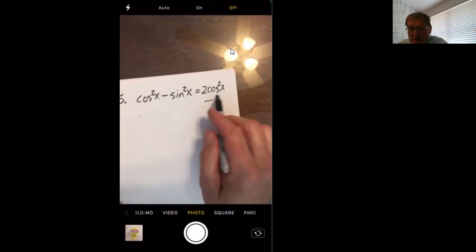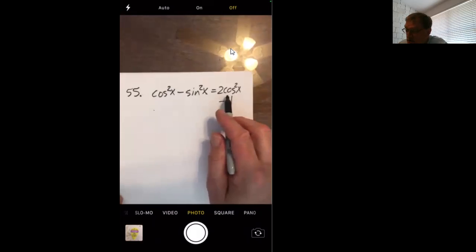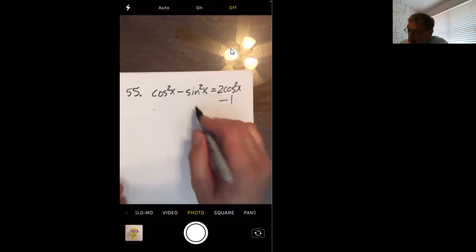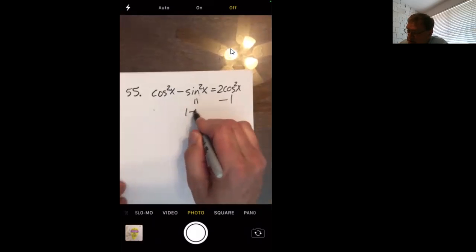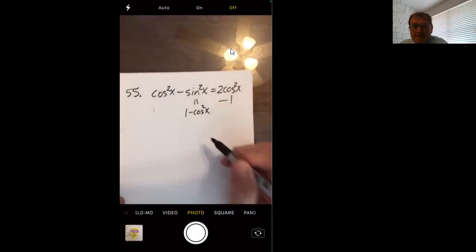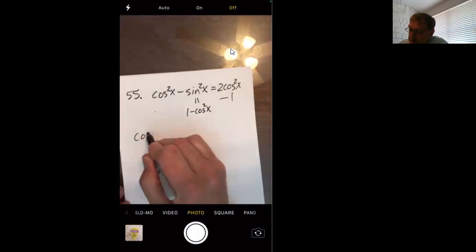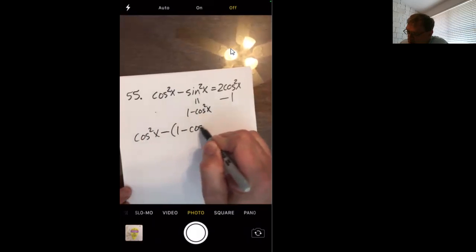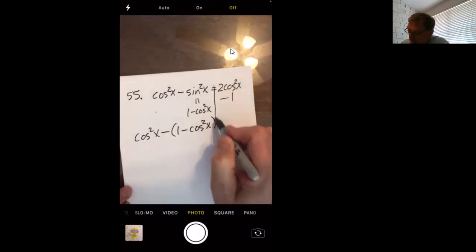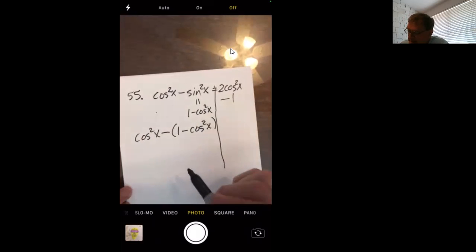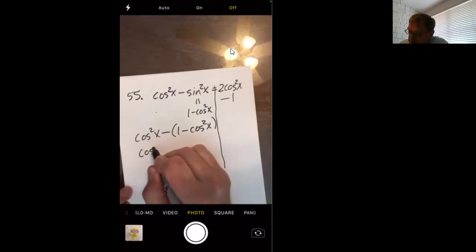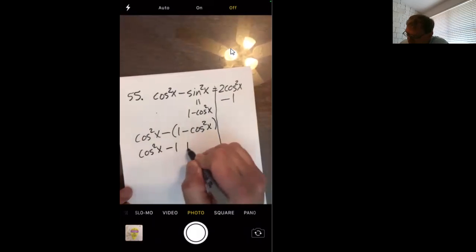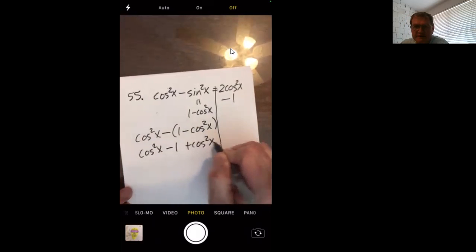Notice that we want a cosine squared of x here, so we want to get rid of the sine squared. Let's write that as 1 minus cosine squared of x. So I get cosine squared of x minus a 1 minus cosine squared of x. That gives me cosine squared of x minus 1 plus cosine squared of x.